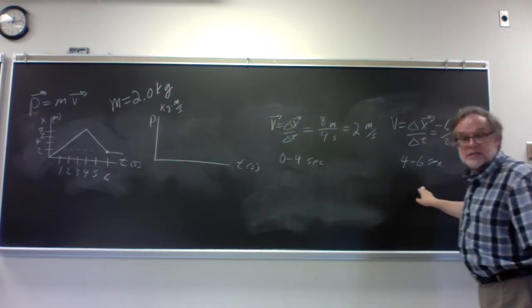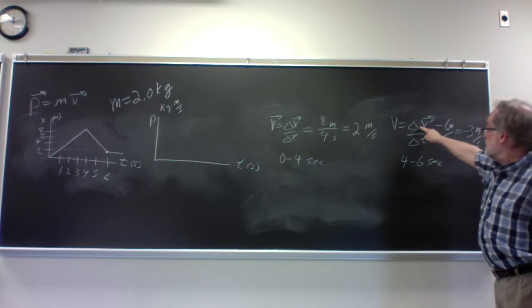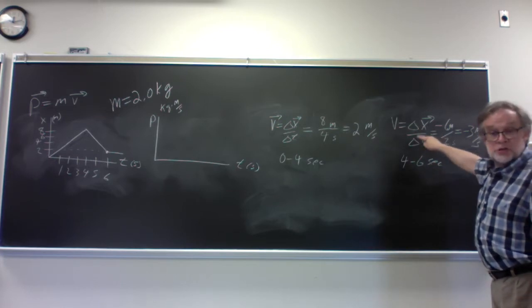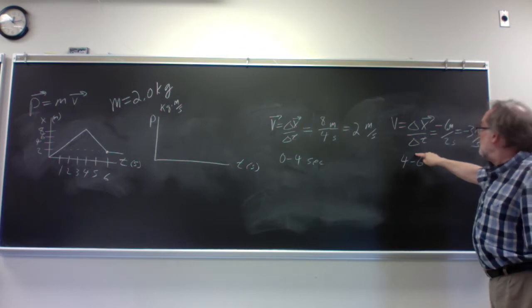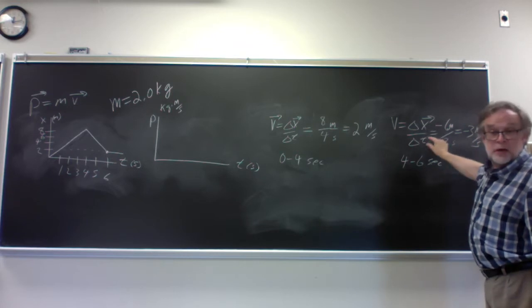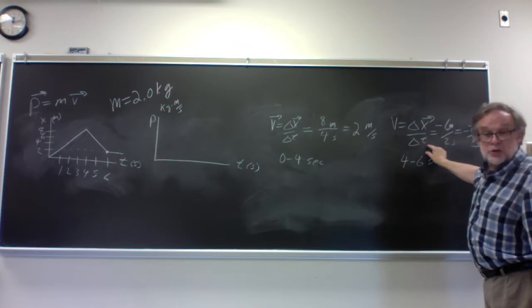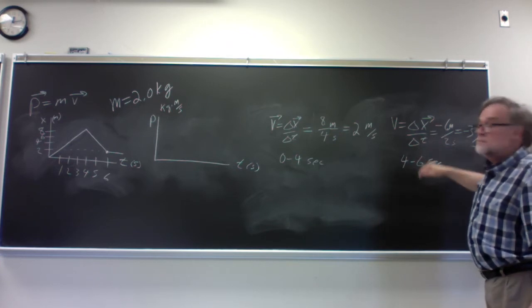And then from 4 to 6 seconds, do a similar thing. Change in position divided by the length of time it took to make that change, or change in the vertical variable of that position graph divided by change in the horizontal variable, is slope.